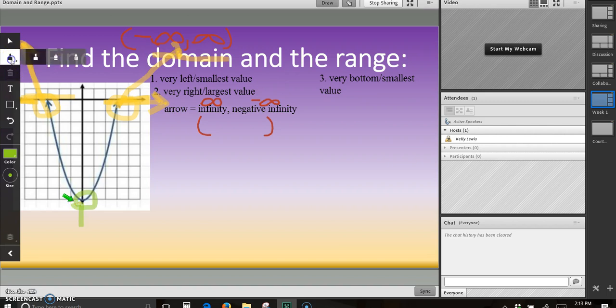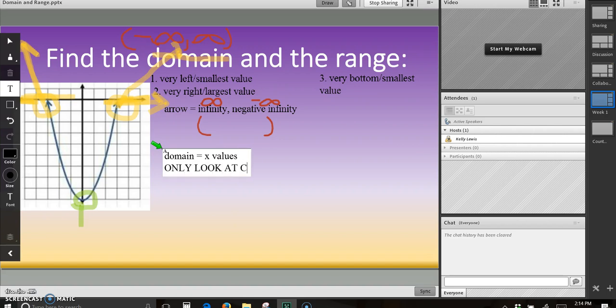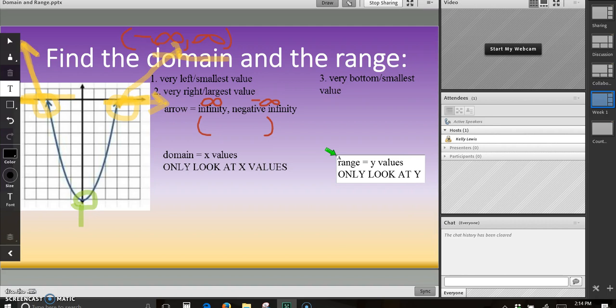Okay, the domain, let me fix this real quick. The domain, remember, is the x values, so you only look at x values. The range is the y values, so you only look at y values.